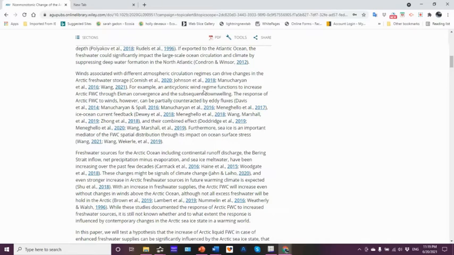So you have the wind stress that pushes on the water. You have a deflection, generally taken to the right when you integrate over the water column. That causes a piling up of the surface waters in the middle of the gyre, doming up. So it's a convergence zone, and then you have a subsequent downwelling.